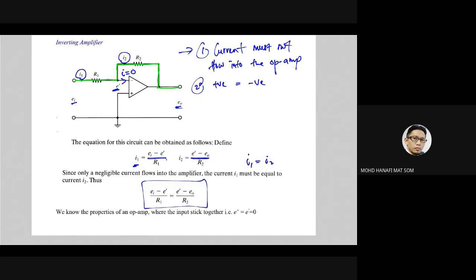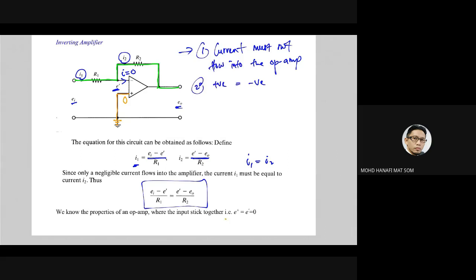Using the second property of the op amp, the inputs stick together. The positive terminal here is connected to the ground, meaning that the potential here is 0.